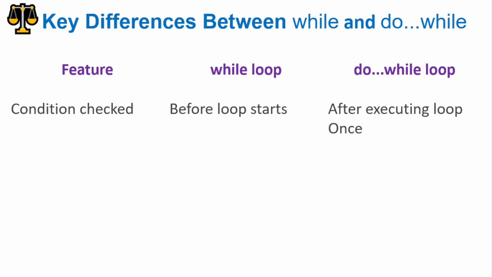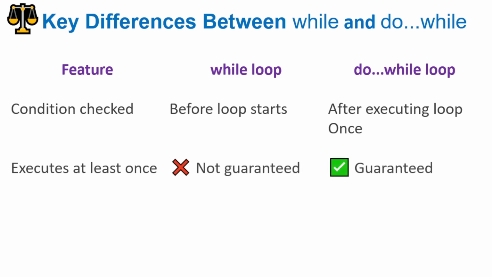In a while loop, the condition is evaluated before the loop starts, so the loop might not run at all if the condition is false from the beginning. In contrast, a do while loop checks the condition after executing the loop body once, which guarantees that the loop will run at least once.